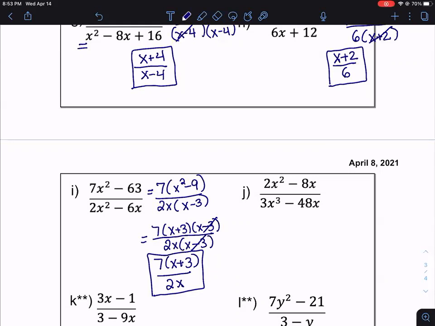Okay, you got about another minute, a little over a minute. Just try to keep it moving somewhat nicely.